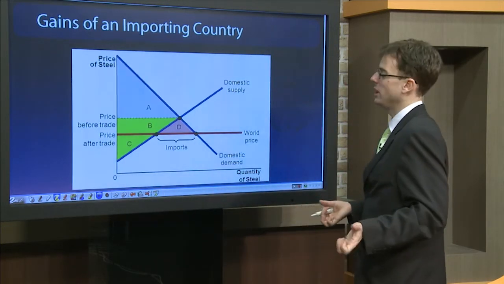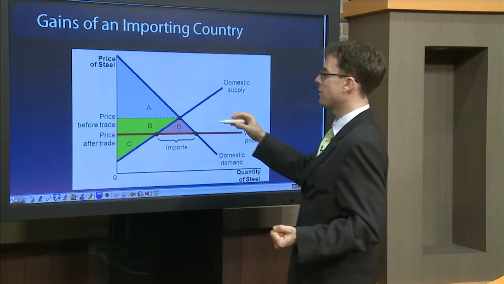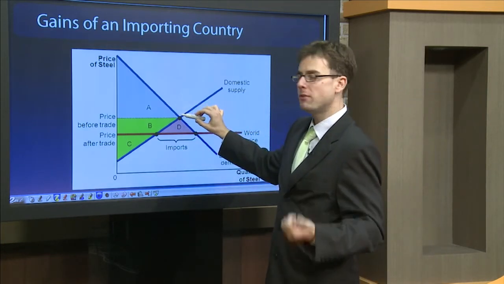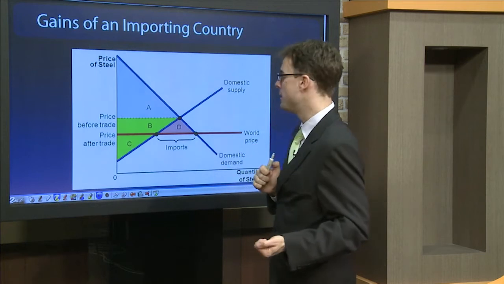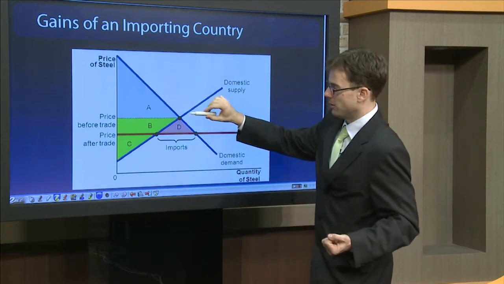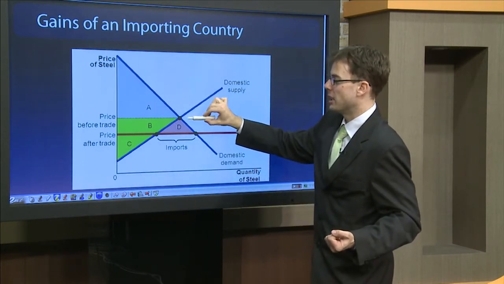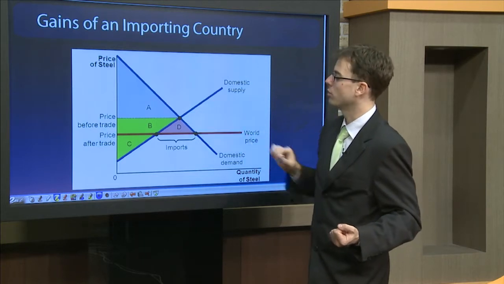How about importing countries? In this country, there is a comparative disadvantage in the production of steel, because the domestic equilibrium is above the world price.